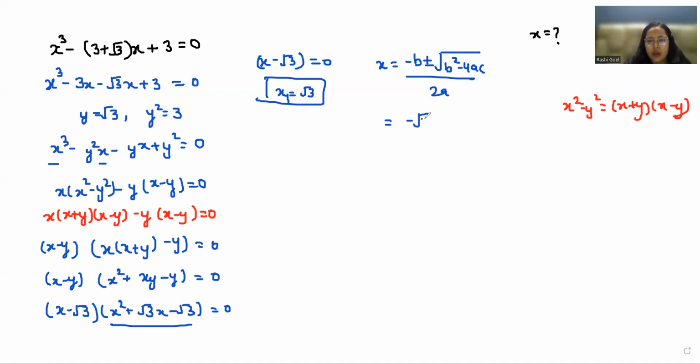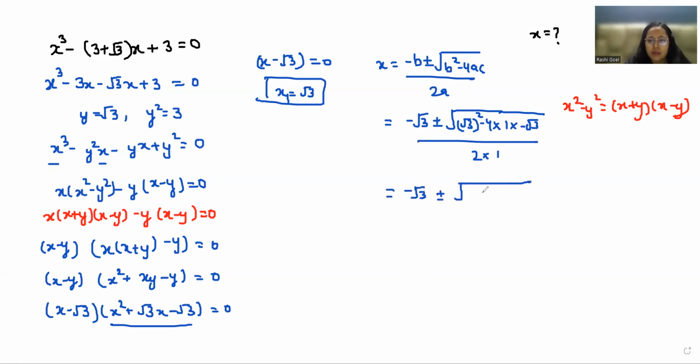So negative square root 3 plus minus under root 3 square minus 4 times 1 times negative square root of 3, by 2 times 1. So negative square root of 3 plus minus, this becomes 3 plus 4 root 3, by 2.